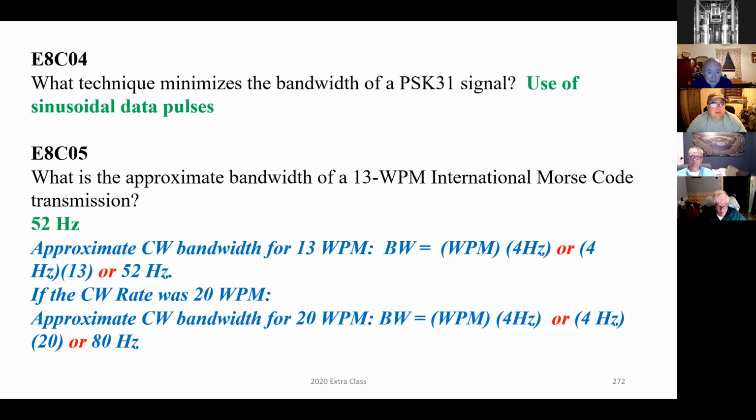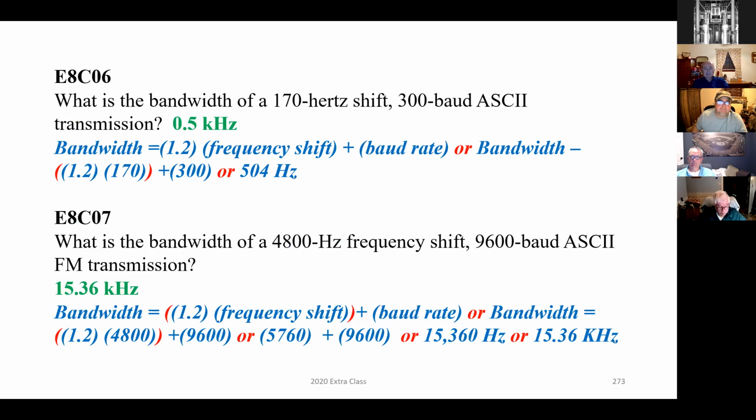What is the approximate bandwidth of a 13 word per minute international Morse code transmission? It'd be 52 hertz. What is the bandwidth of a 170 hertz shift, 300 baud ASCII transmission?